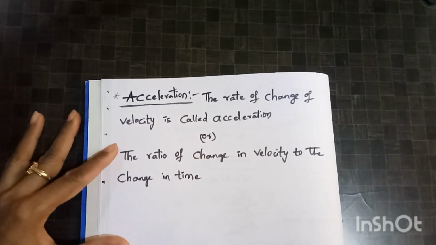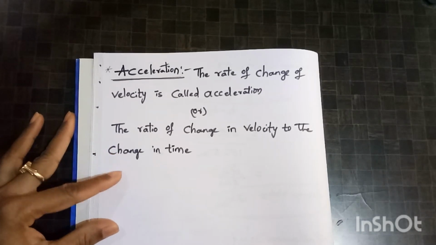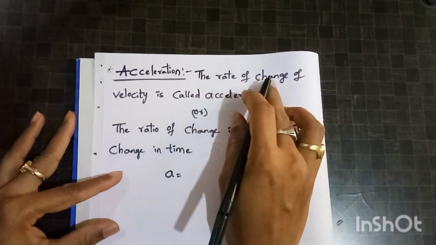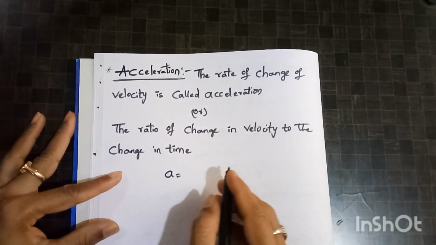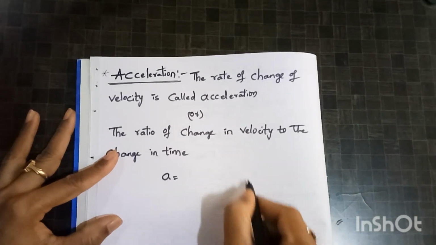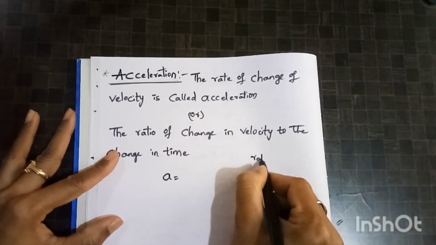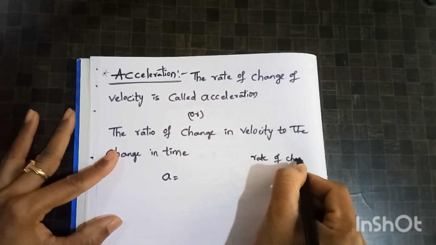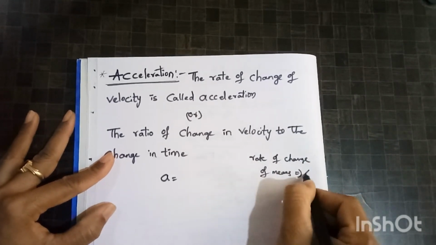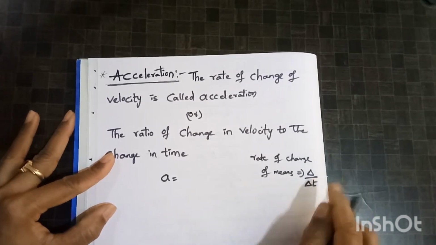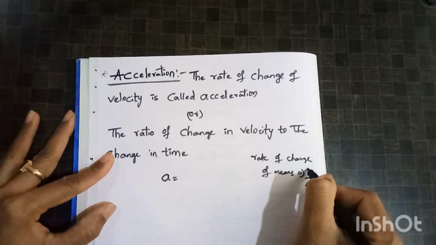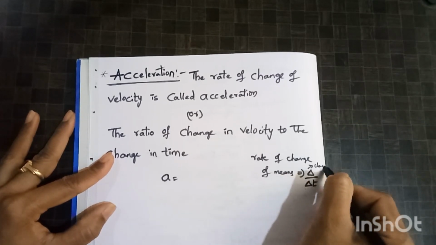So the rate of change of velocity is called acceleration, or the ratio of change in velocity to the change in time. Mathematically, we can write acceleration, a, is equal to the rate of change of, meaning delta by delta t. Here delta represents change in.